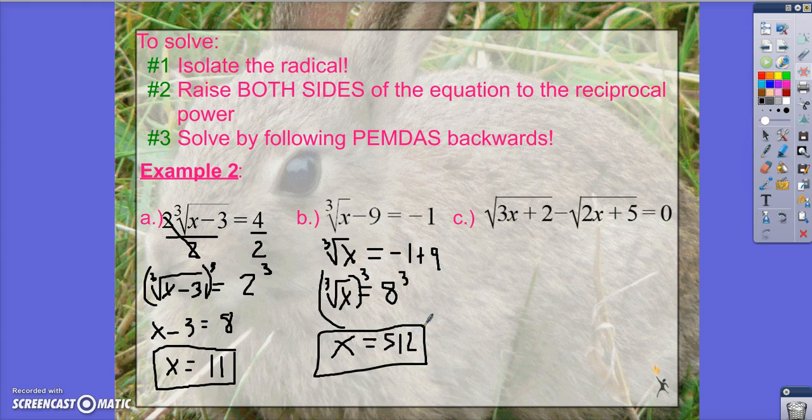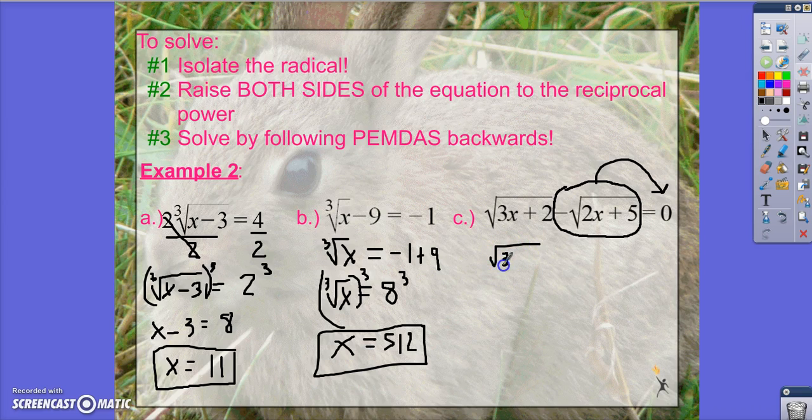All right. Now C looks slightly different, right? Because if you notice C, there's 0 on the right, and do you see how both radicals are on the left? We don't want both of them on this side right now. We are able to move the negative radical over to the right. The negative in front becomes a positive. So let's rewrite that first.